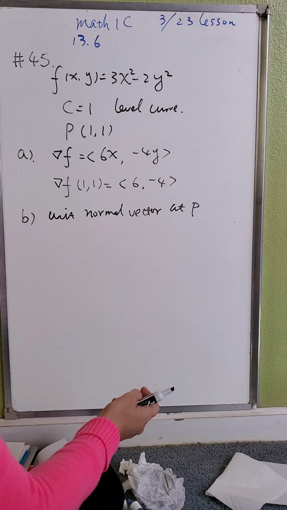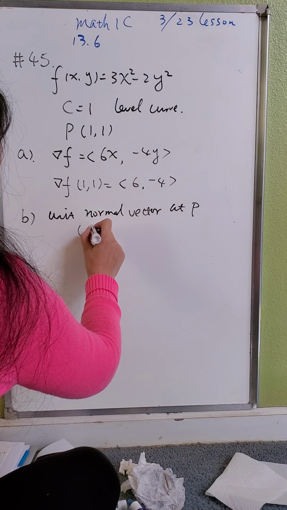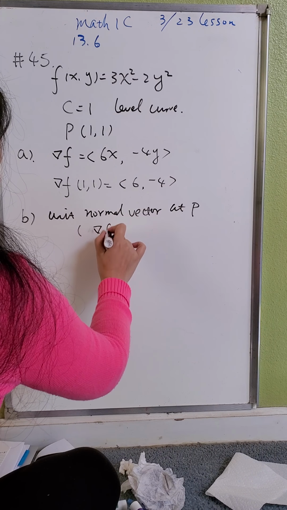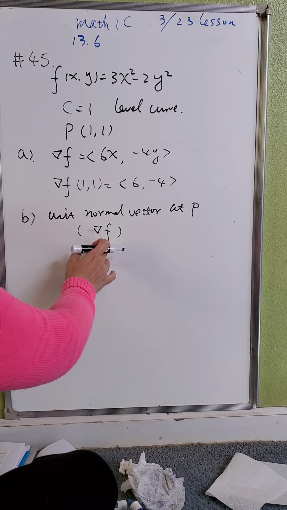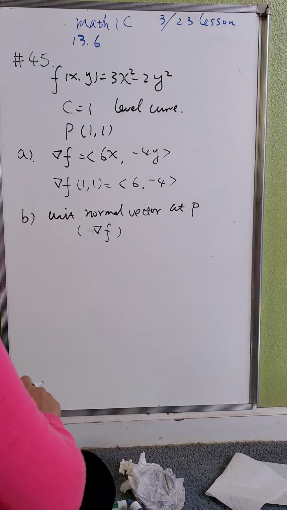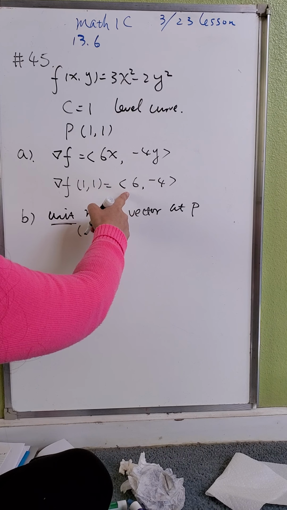That will be what? The gradient at that point. So that's the same as the gradient. Now, we only have the vector, but they said unit normal vector, unit. That is not a unit normal vector, right?